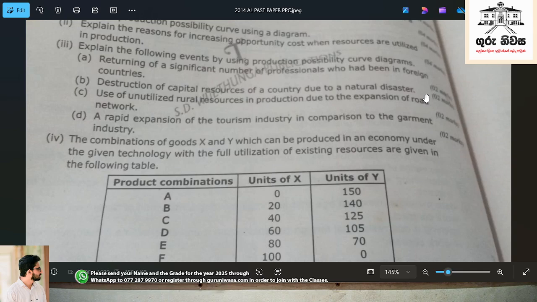Shall I make a full paper including both units, unit 1 and unit 2, or just from PPC? My intention is to include questions from both lessons. What do you prefer? Both okay, sir. If others are okay, it would actually be better.